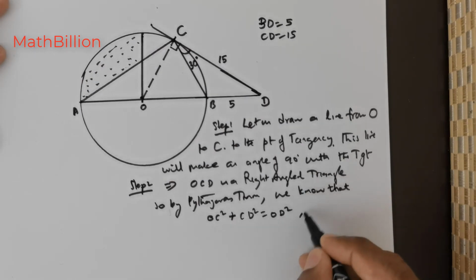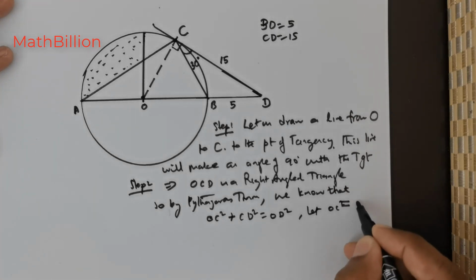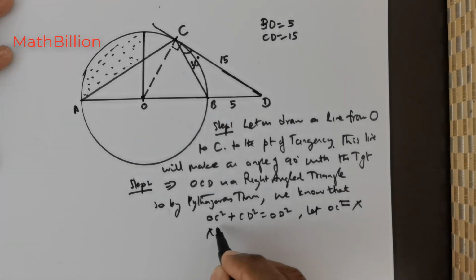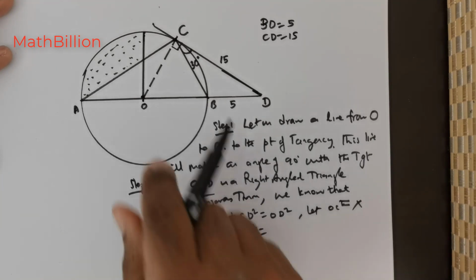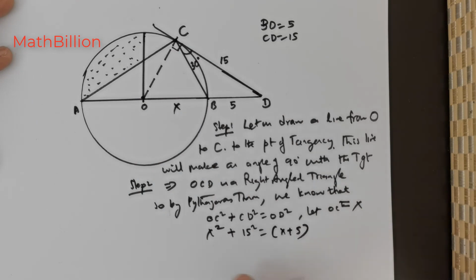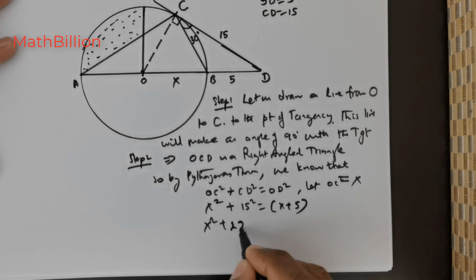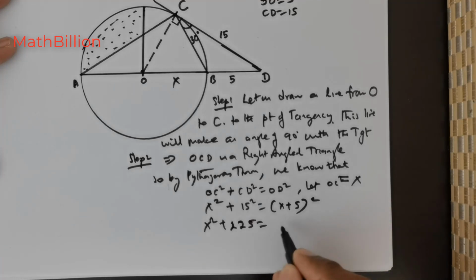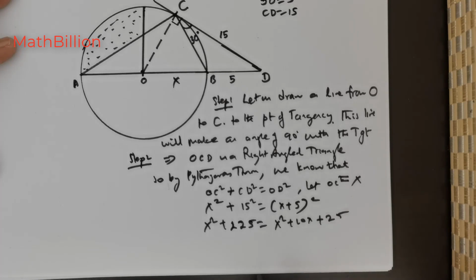This is known. Now let me take OC to be equal to x. So this, because it's a radius, we don't know. So x squared plus CD squared, which is 15 squared, and OD, if this is x and this is 5, is going to be x plus 5, right? So x squared plus 225 is equal to x squared plus 10x plus 25.